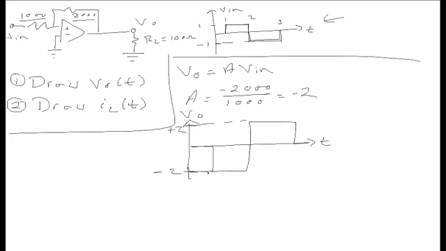How do I draw IL? Well, if I have a voltage across a resistor, then the current through IL, or beg your pardon, the current through the resistor is the voltage over the resistance. That voltage is Vout. So I can now just draw this directly. The current goes down and back up again, following Vout.